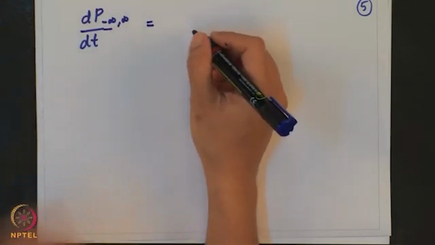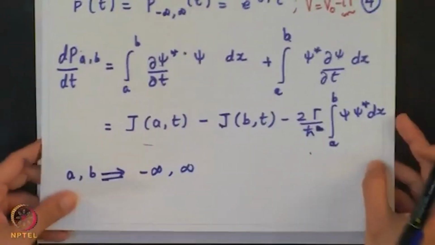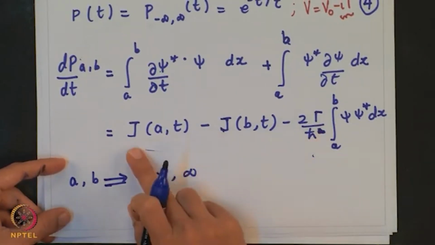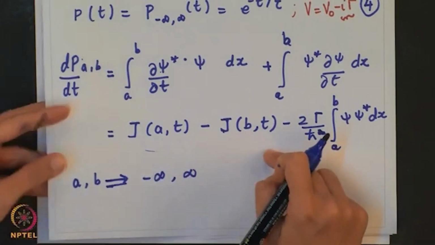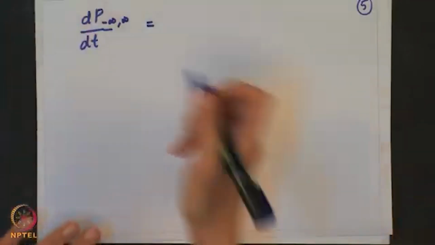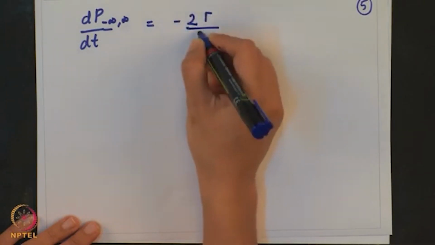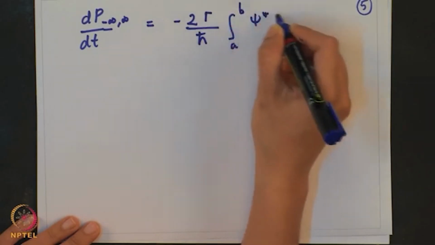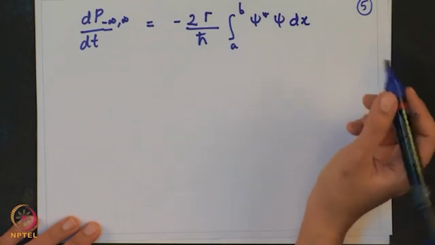As you all know, at minus infinity and plus infinity the current density will be 0, because the wave function there is 0. So, you will be left with 2 gamma by h cross times the integral of psi star psi dx, or psi star dx, it does not matter.